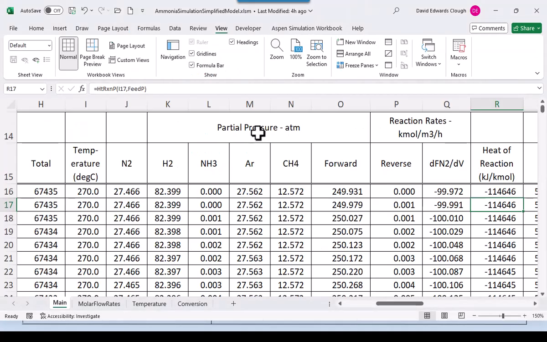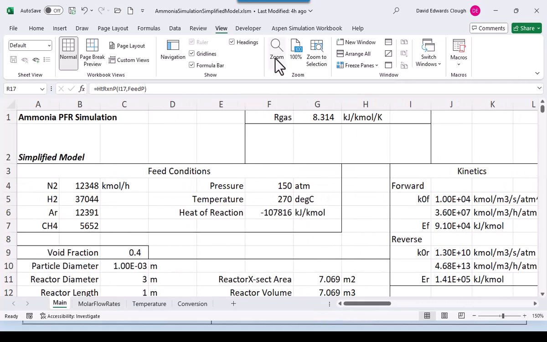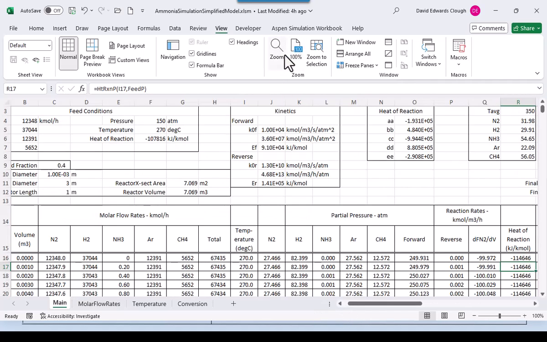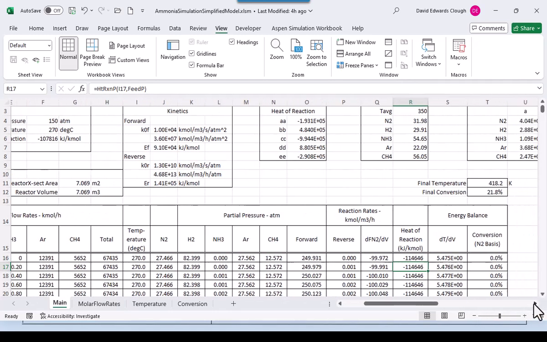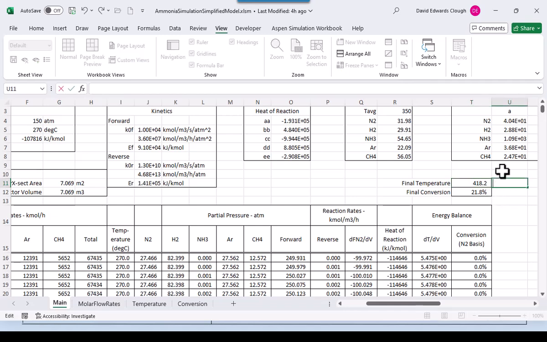So if I come back over, the model is always solved, and let me back off on the scale a little bit to 100%. The model is always solved, and here from the bottom of that very deep table, we bring up the final temperature in the reactor, which is 418, and this, I believe, is Celsius, not Kelvins.